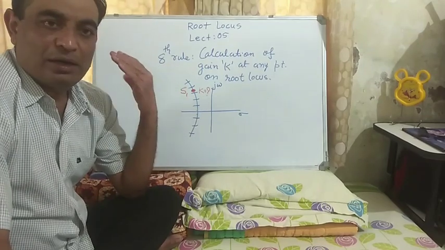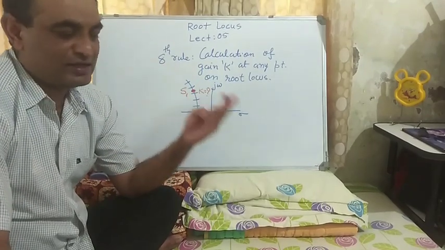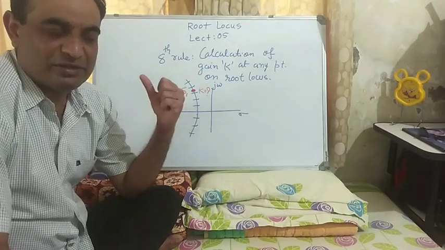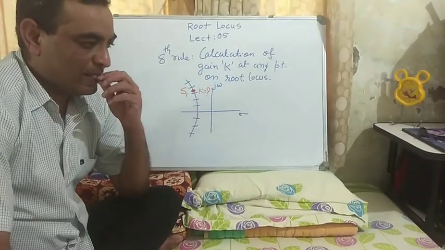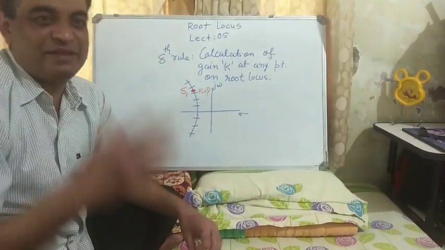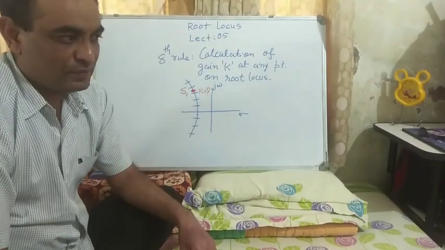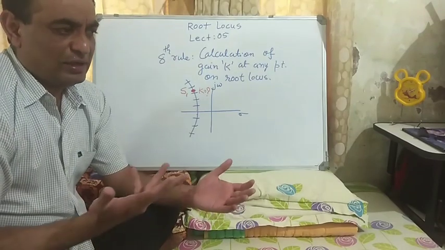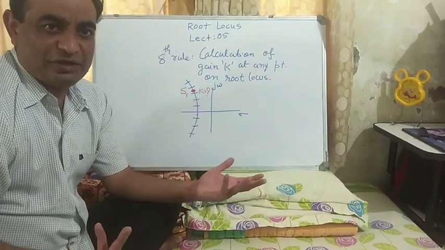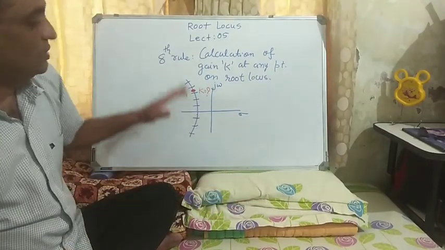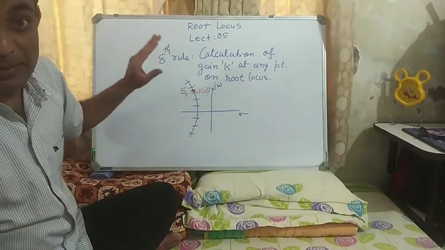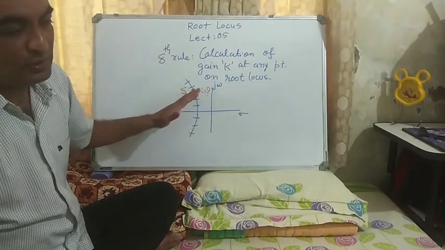For example, the breakaway points, or where the root locus crosses the imaginary axis: what is the value of gain k there? Or at any random point on the S-plane. That's why you need to mention the value of gain k also.